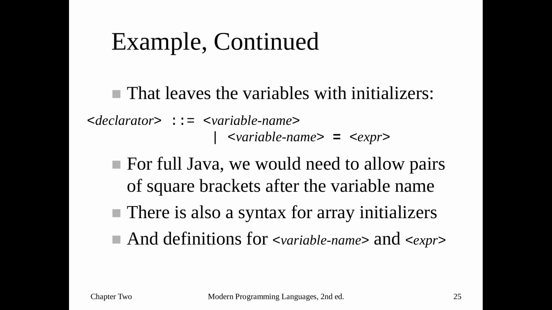If we were to really do this, we'd have to allow square brackets in there, because of arrays. Then there's the special syntax for array initializers. As you can see, it becomes very complex when we're trying to describe an actual real language that we're working with.